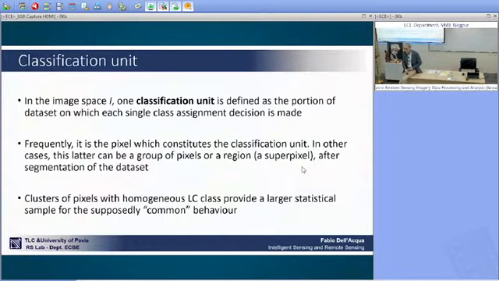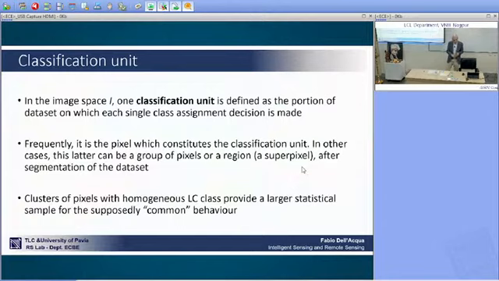But it can also be a local cluster, or a so-called superpixel, so a group of pixels which feature the same or similar land cover classes. And so I consider them all together. If I know they are all the same land cover class, I don't need to classify them one by one. I can simply, for example, average their response to get something more reliable. In any case, the classification unit is whatever you decide to take for classification in a single classification operation.